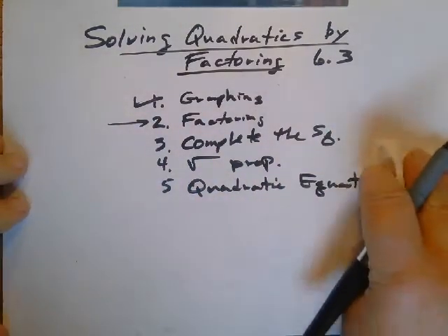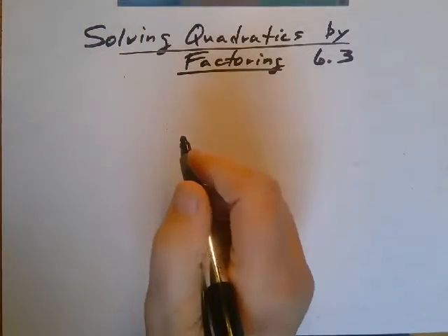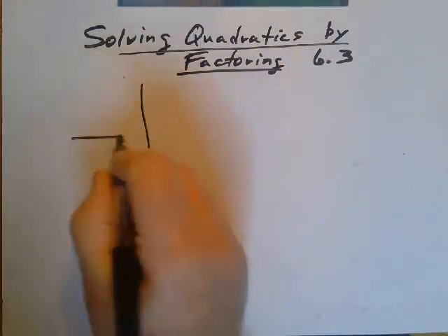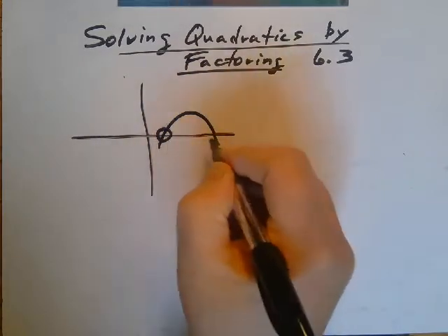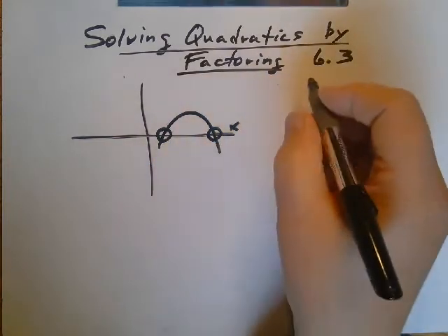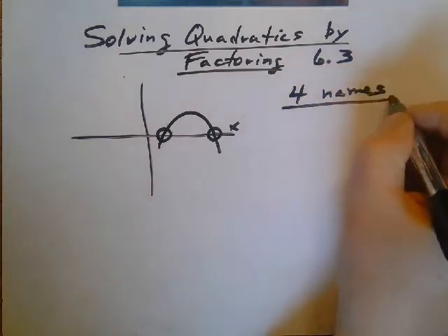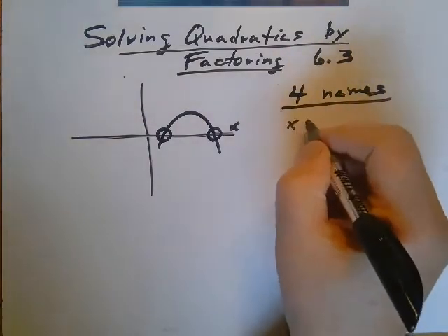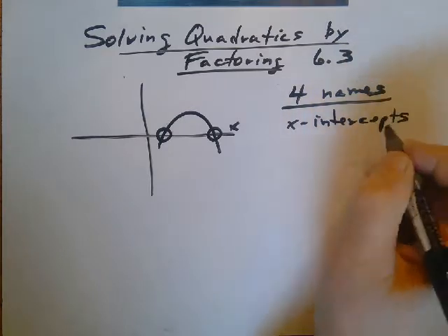All right, let's go back and talk a little bit again about some wording. We are looking for the spots where our graph crosses the x-axis. These places have 4 names. We could call them the x-intercepts, because that's where they cross the x-axis.